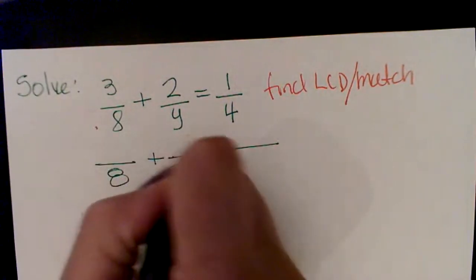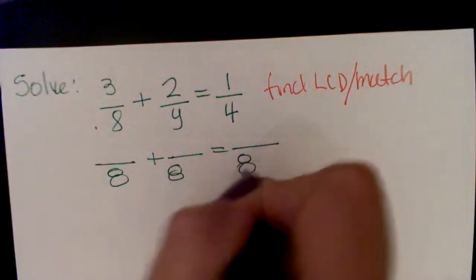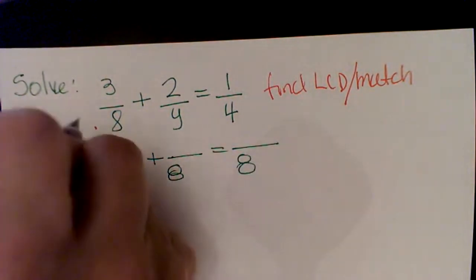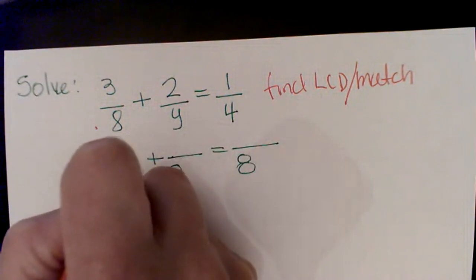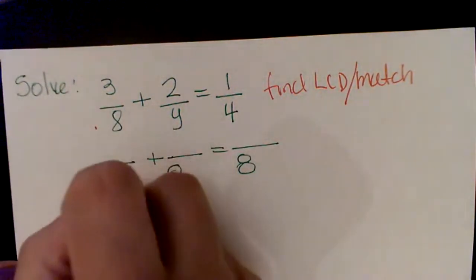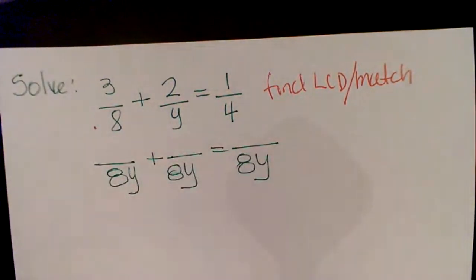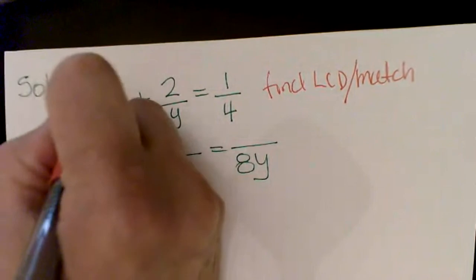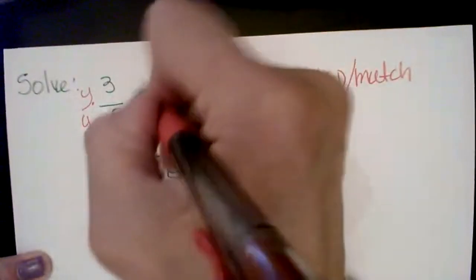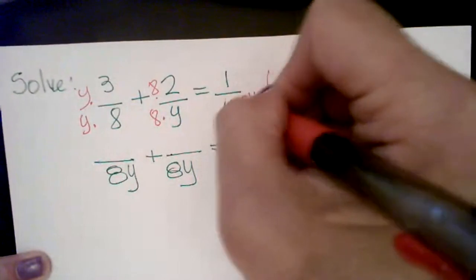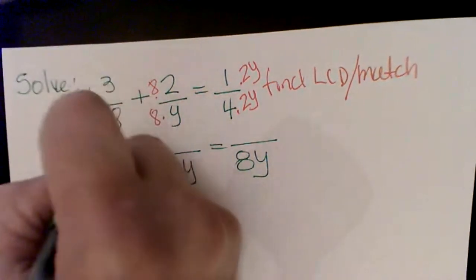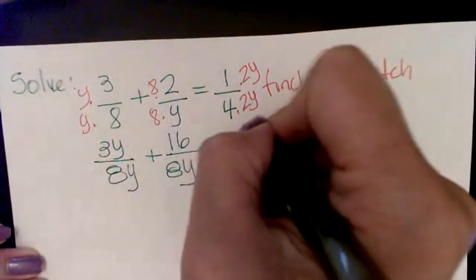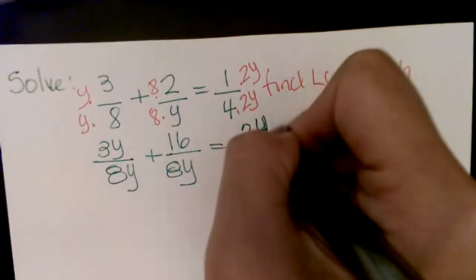If the lowest common denominator is 8y, so I need to multiply this by y, this one by 8, and this one by 2 and 2. All right, so this is 3y, 16, and this is 2y.